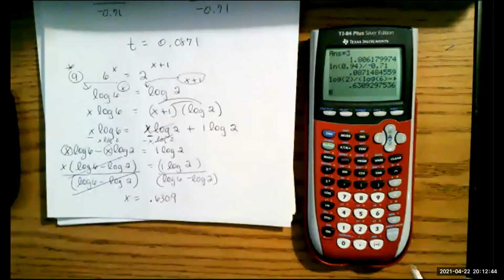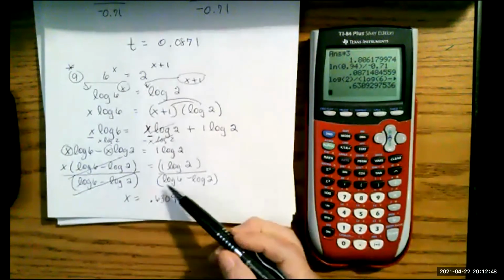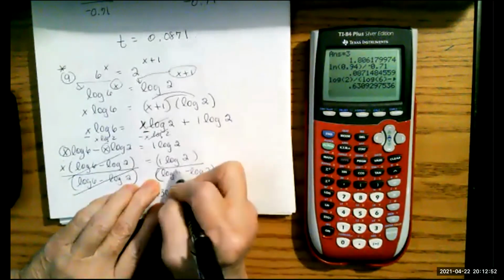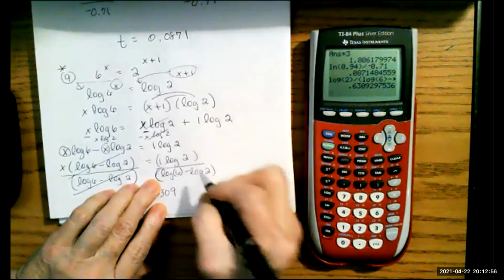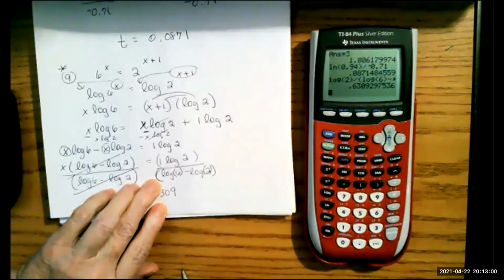Okay, the only thing that I can think of you might have done wrong is that you've got to start this bottom with a parenthesis. So it's going to be a parenthesis here, and then this one makes its own little parentheses for you. Minus log, and this one makes its own little parentheses for you.